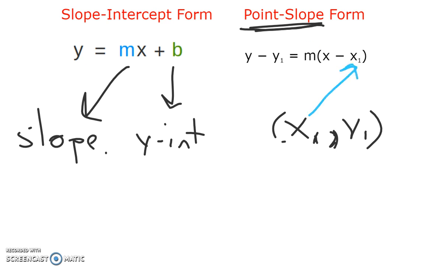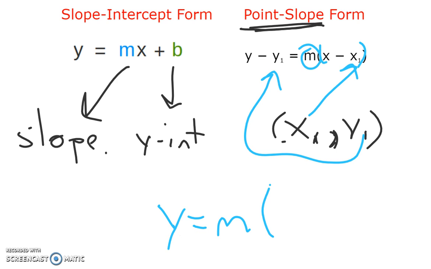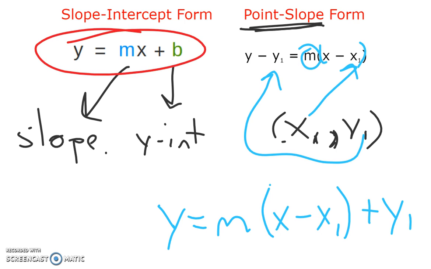So I would have my slope times x minus x1, and I'd have my y-intercept right here. So essentially it would simplify to give us something along the lines of y equals m times x minus x1 plus y1, which you can see is very similar to this slope equation.